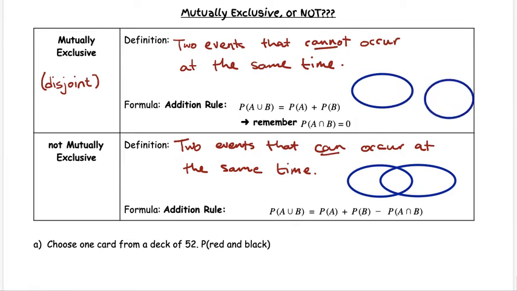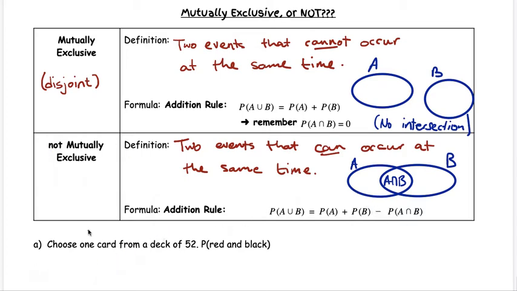So this would be event A and event B. There is no intersection. And in this other case, events A and B, you can see here is A intersection B, and so we can't count it twice. So that's the general idea of mutual exclusivity. You can add the probabilities together with mutual exclusivity because there's no intersection, but if two events are not mutually exclusive, we have to remember to subtract it.